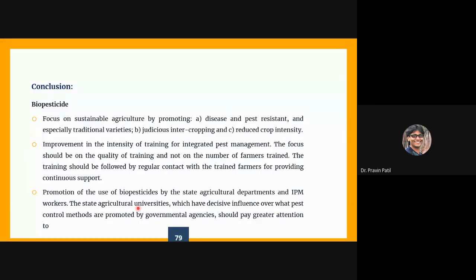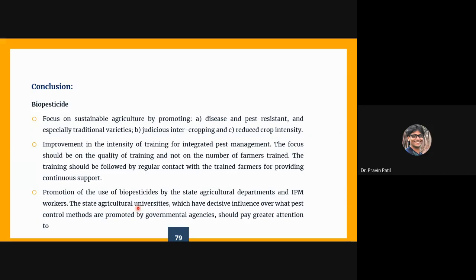Then similarly for biopesticides, the focus should be on sustainable agriculture by promoting intercropping as well as reducing crop intensities. We have to put some gap between one yield and another, and we should also use varieties which are pest resistant or disease resistant or sometimes drought resistant.